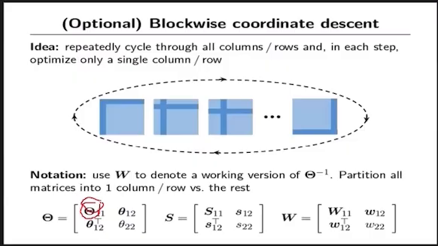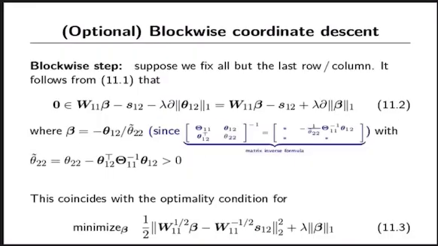And this guy is the one that I'm updating. That is going to tell us the precision coefficients that link that variable to the others, which is what we see here. And this is the corresponding partitioning of the sample covariance matrix. But let me tell you this. How does it work? Take a look at this. This is the way the blockwise coordinate descent works.